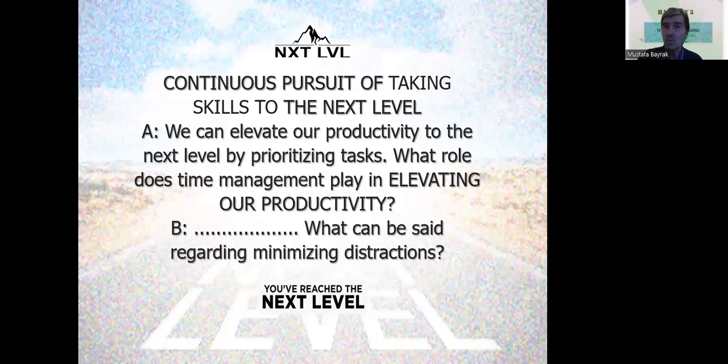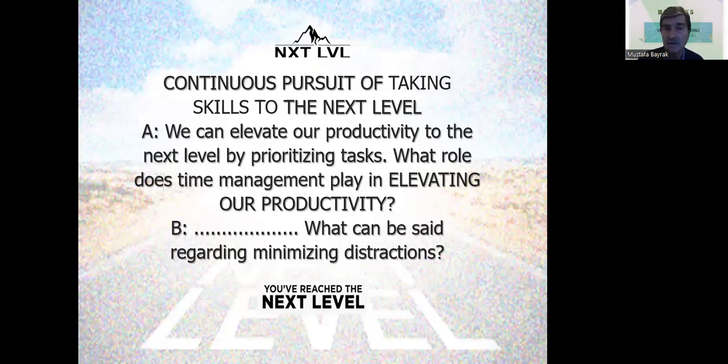Continuous pursuit of taking skills to the next level. We can elevate our productivity to the next level by prioritizing tasks. What role does time management play in elevating our productivity? Of course, time management plays an essential, important role in elevating our productivity.